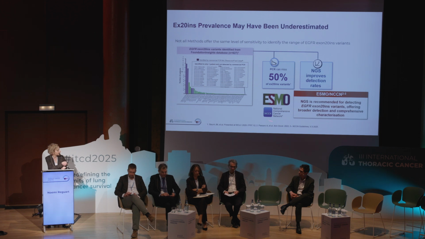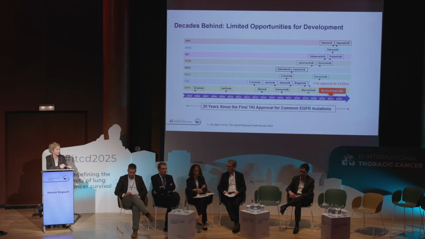So that's why maybe in the near future, with a broader use of NGS, we are going to see more and more exon 20 insertions in the clinic. And that's why the guidelines strongly endorse the use of NGS instead of these hotspot techniques to identify patients with exon 20 insertions.